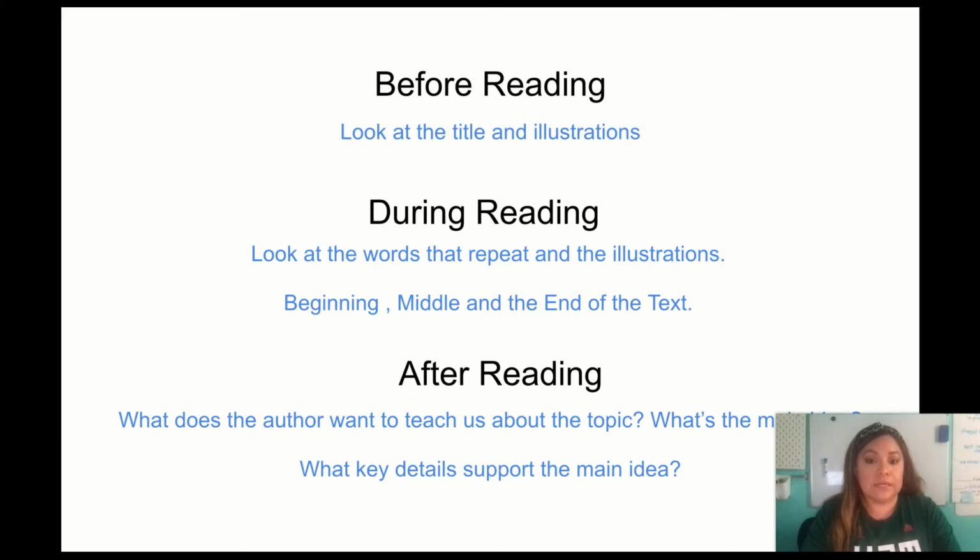And we are going to look at the beginning, the middle, and the end of the paragraph and look again for those repeating words and for those illustrations. After we are done reading, we are going to determine what the author wants to teach us about the topic. What's the main idea? And then we are going to find key details to support that main idea. Are you ready?